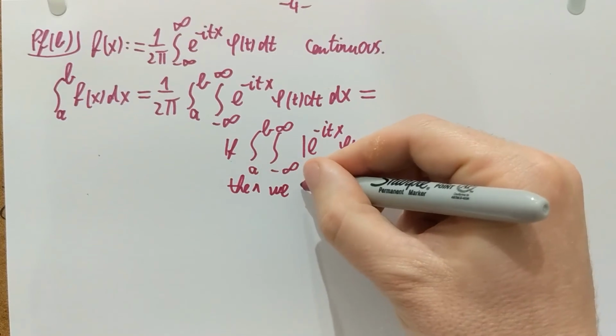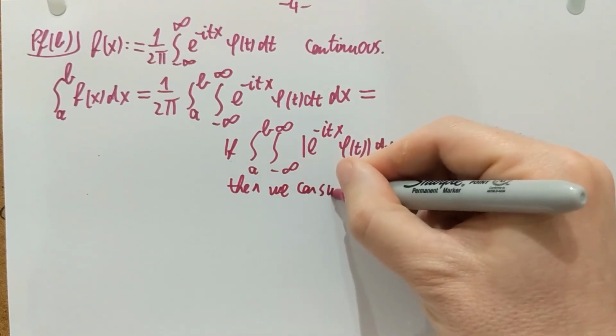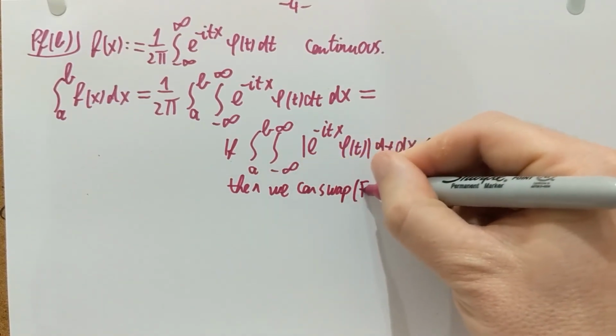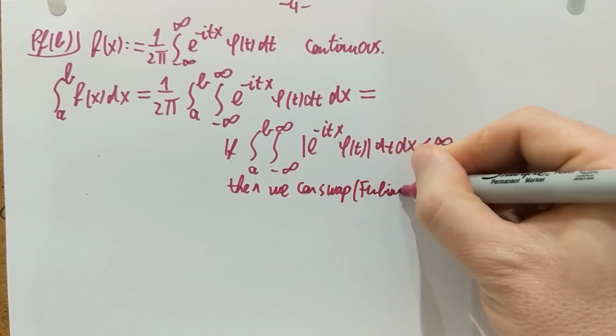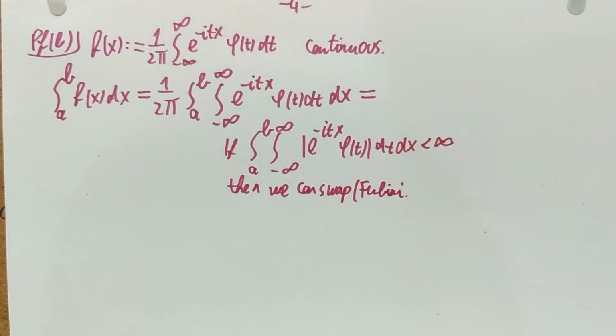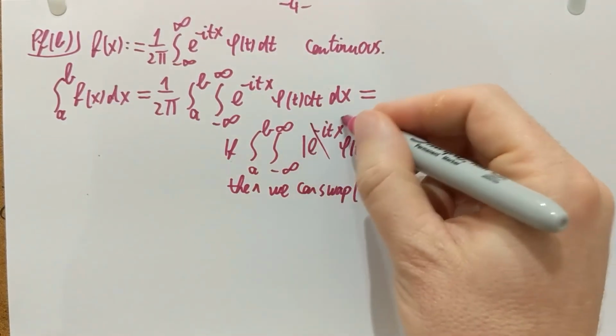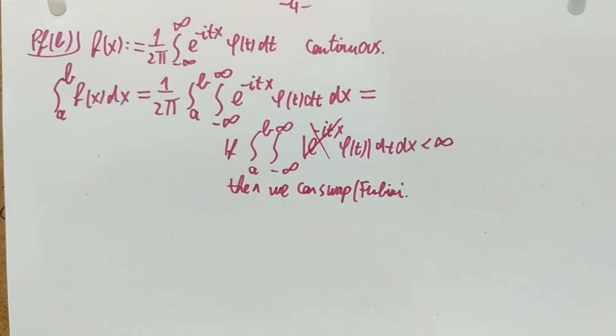This is Fubini again. And this is fine, because under the modulus I don't really care about the exponential function. It's just 1 under the modulus.